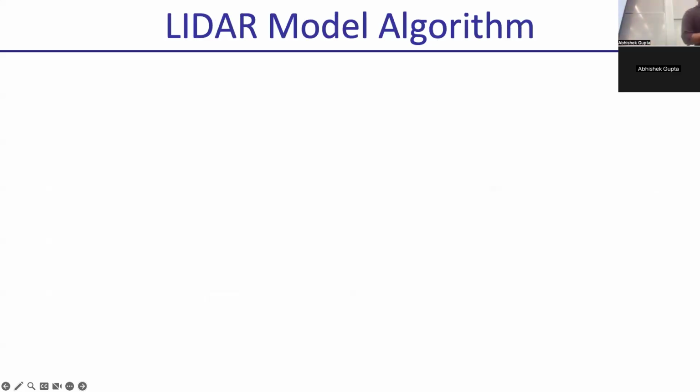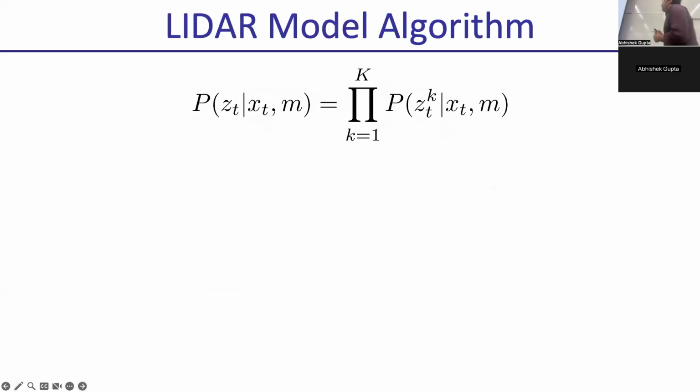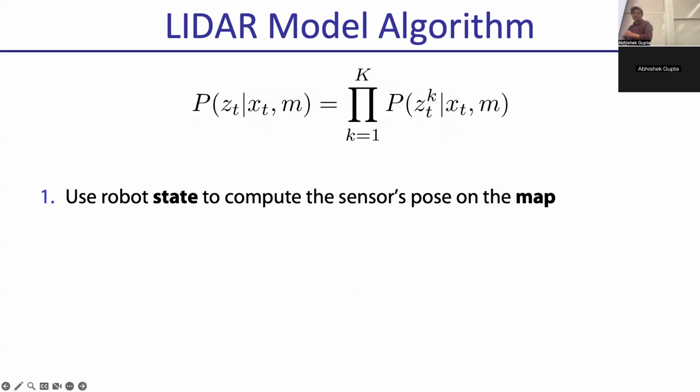Okay, I think we're at time, but just to wrap this up, the way the LiDAR algorithm is going to work is you're going to take your many-beam LiDAR and write it as the product of single-beam LiDARs. Then you're going to use the robot's current state. The way you're going to implement this in practice is you're going to have a true map of the world.